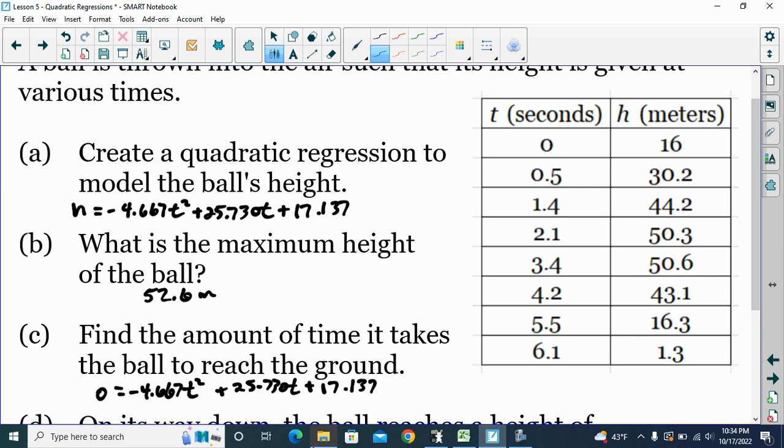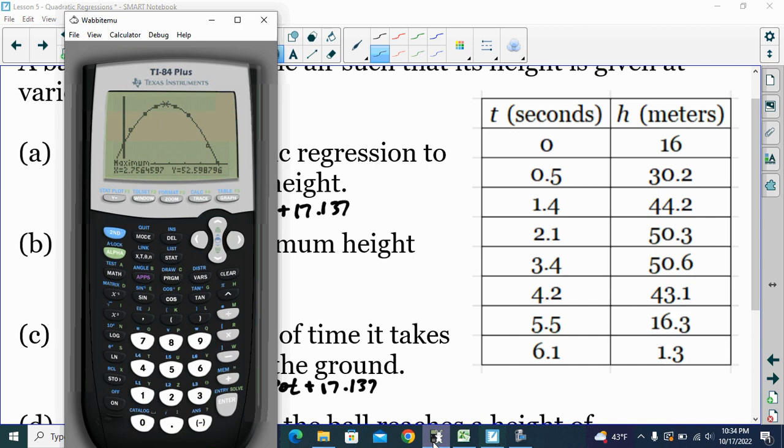So plug in 0 for height. If my height is 0, that means that I want this equation to be equal to 0, which happens right around 6 there. It's kind of hard to tell based on the graph if it's bigger than 6 or less than 6. Based on this, we know it's probably bigger than 6.